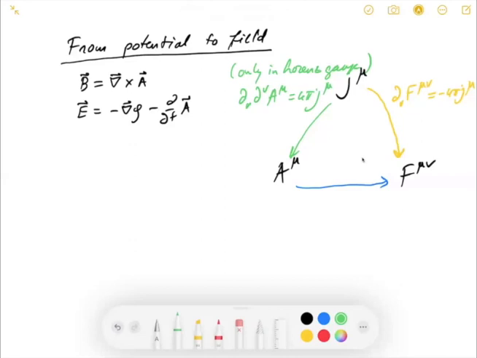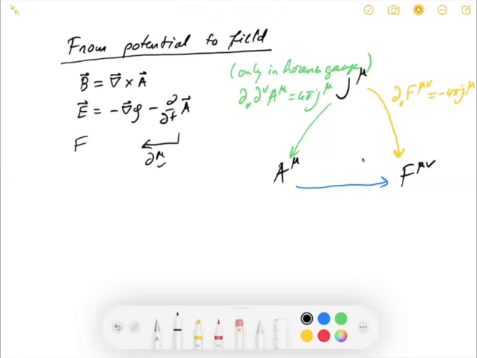Now, if you look at this relation to go from the potential vector to the field tensor, it seems to involve some kind of a differential operator, right? So you can go this way, use some del mu, maybe, or a del nu, and then we would end up with the field tensor here.